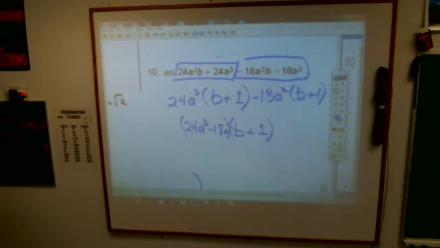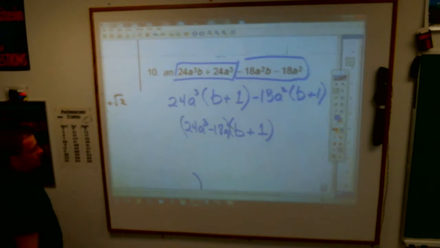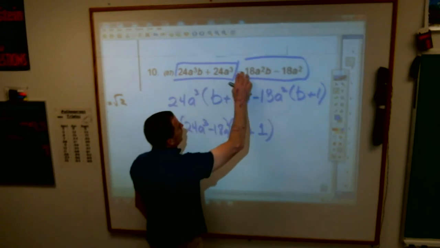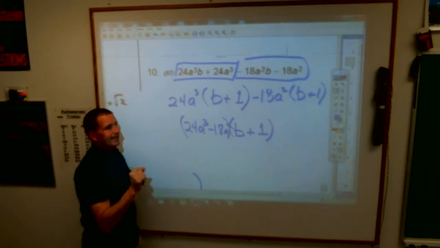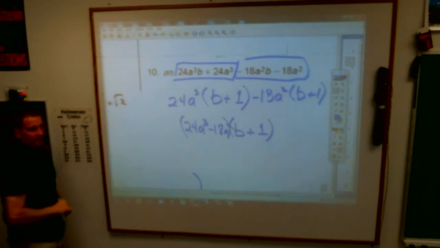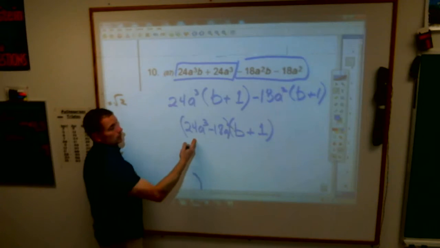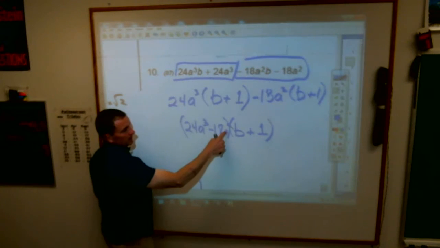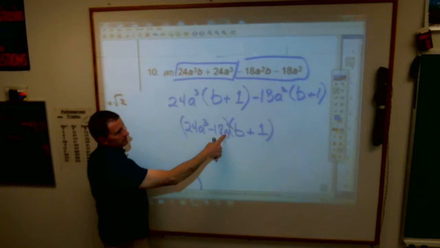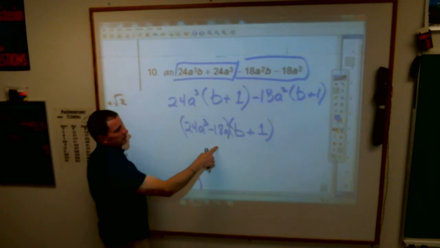The first thing I should have done was look at all 4 of these and ask, is there a common factor that they have? In which case there was a 6 and an a squared. I recognize it here because both of these have a 6 and an a squared.